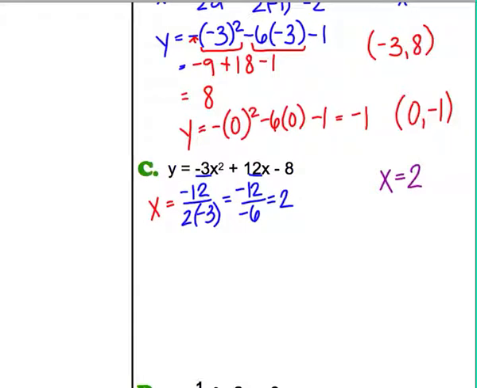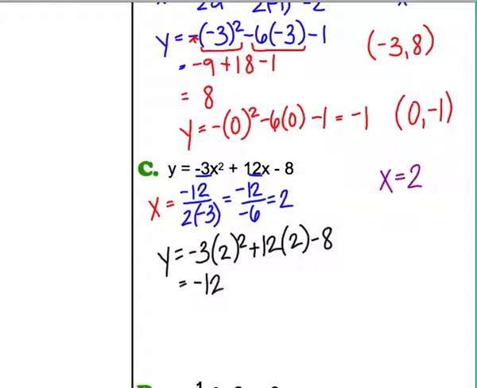Then substituting that back in, we get y equals negative 3 times 2 squared plus 12 times 2 minus 8. 2 squared is 4 times negative 3 is negative 12. 12 times 2 is 24, minus 8. Negative 12 plus 24 is positive 12, minus 8 is 4, which means our vertex is 2, 4.